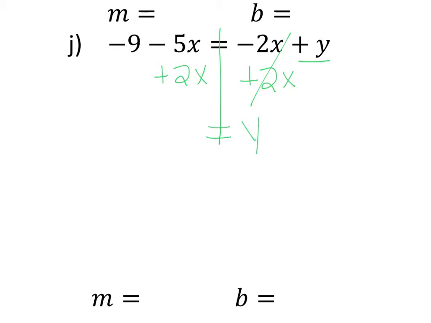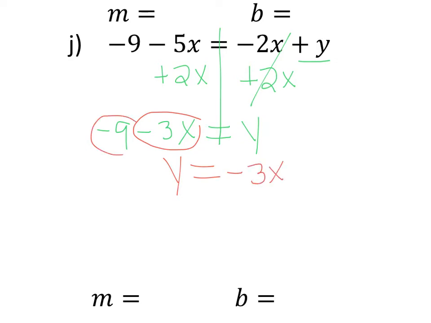And then I have -9, and then -5x plus 2x is -3x. I'm going to flip this around so the y is first. Y equals, and I'm going to write my x term first. That sign in front of it tags along. So negative 3x minus 9.